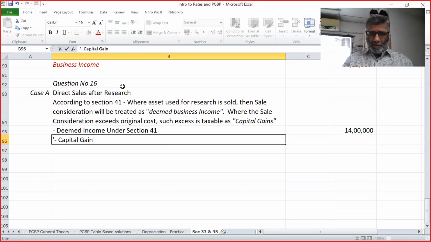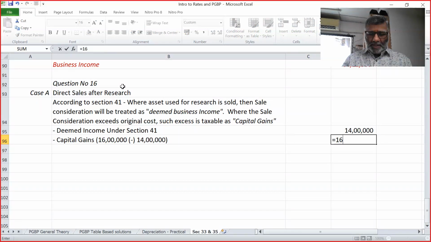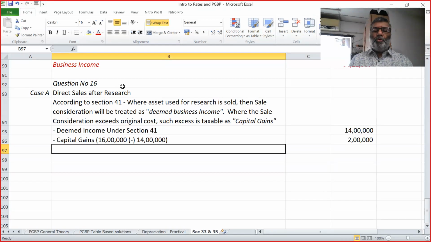Capital gains will be 16 lakhs minus 14 lakhs, because the present market value is 16 lakhs. So if I sell, I will fetch 16 lakhs, so 2 lakhs will be capital gains.